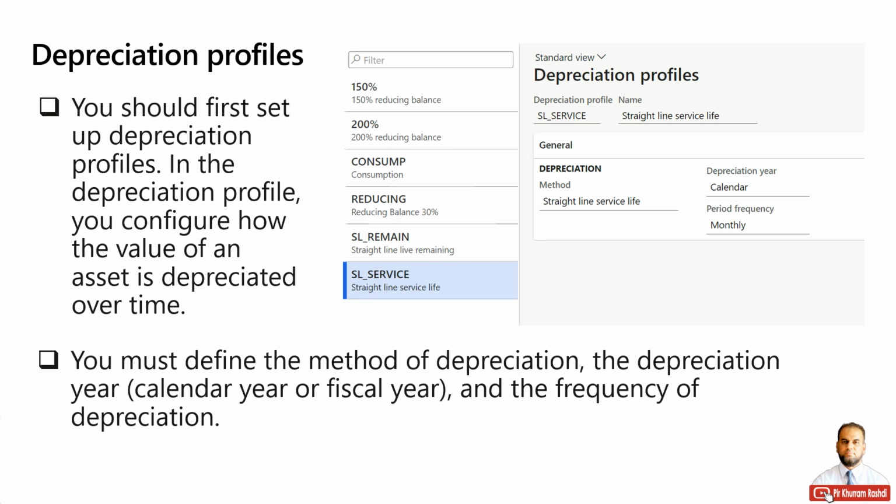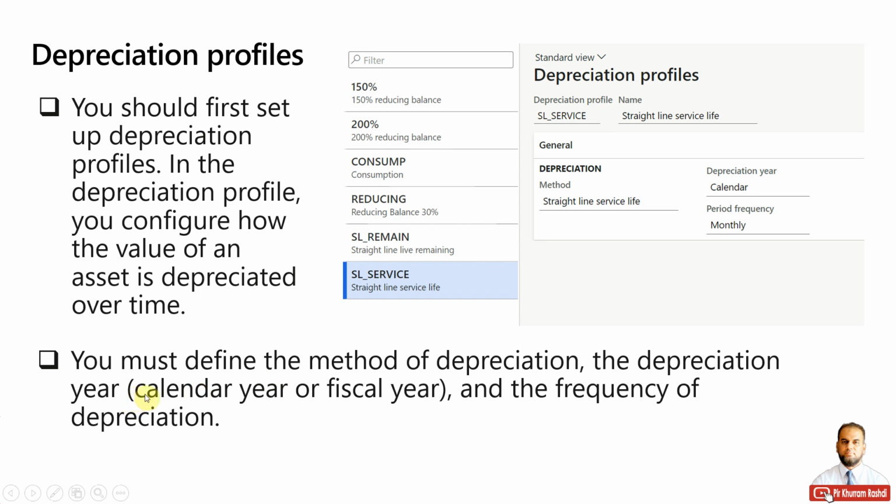So how the value of an asset is depreciated over a period of time, or over certain criteria, like in transportation, where a certain mileage is covered, so that asset is depreciated as per its consumption or use, how many kilometers it has covered. So you must define the method of depreciation and also the depreciation year.